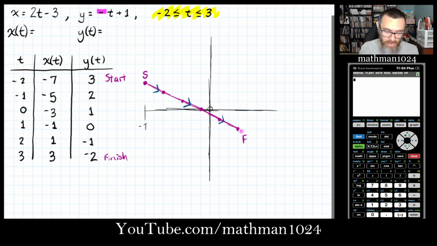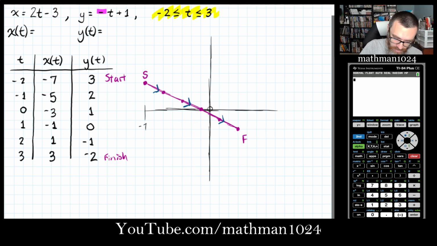All right, so let's now take this and look at it in terms of what its rectangular form would be. The rectangular form means you don't have this extra parameter of t, you're just writing it strictly in terms of x and y. So what we can do is take one of these equations and solve it for t, and then just plug it into the other guy.